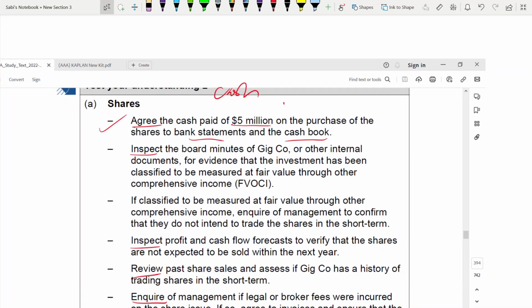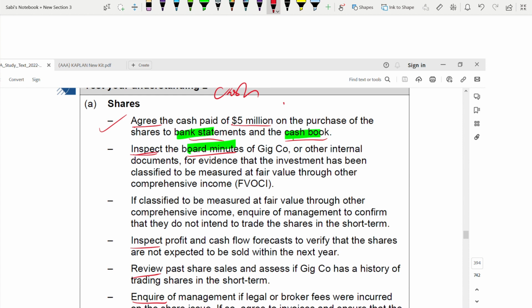Next, whenever a share purchase takes place, the next place is board minutes. Bank statement, cash book, board minutes, these are sources of evidence. You will have them in every audit procedure, but the source of evidence will be different. Here you inspect, because mostly you have to inspect documents.